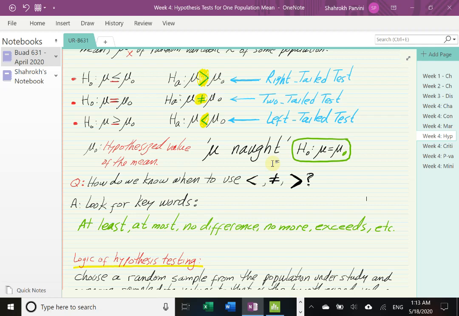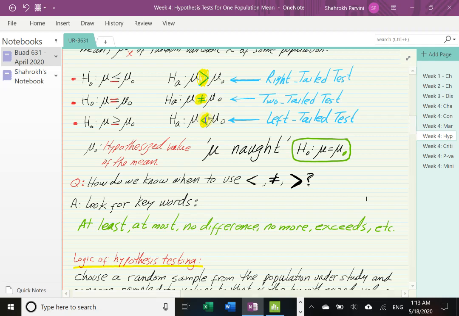Now, here I have something that you may wonder: how do I know which of those I use? Is it going to be less than, greater than, or not equal to? One thing you want to note right off the bat: if you look at the alternative in all 3 cases, the alternative is not allowed to have an equal sign. So that's a big hint.